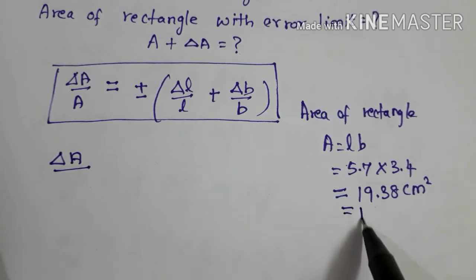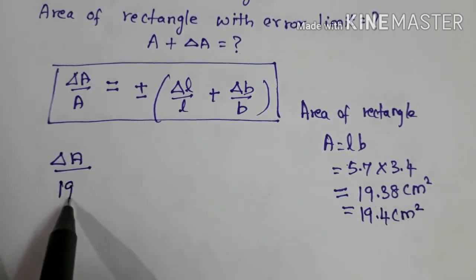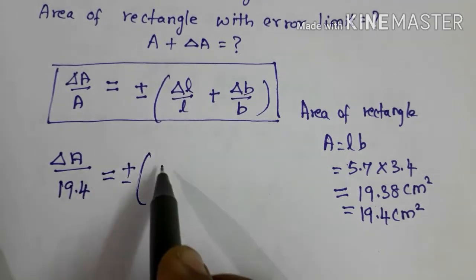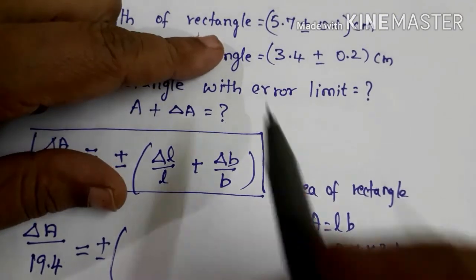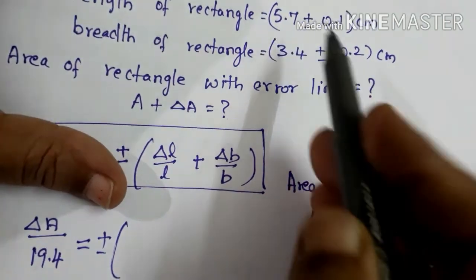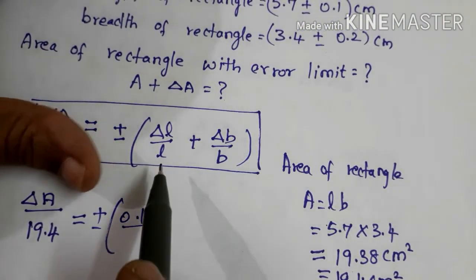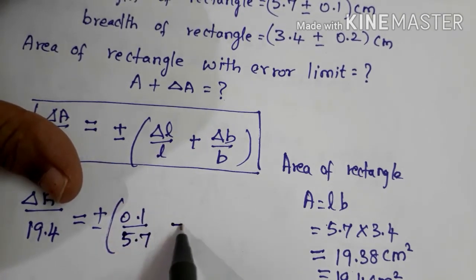19.38 centimeter square. So delta A divided by what is the A value? If I round off, what will I get? 19.4, right? So I will write it as 19.4 is equal to plus or minus. What is delta L value, children? Delta L is 0.1. Okay, L is 5.7. So you can write it as 0.1 divided by 5.7.